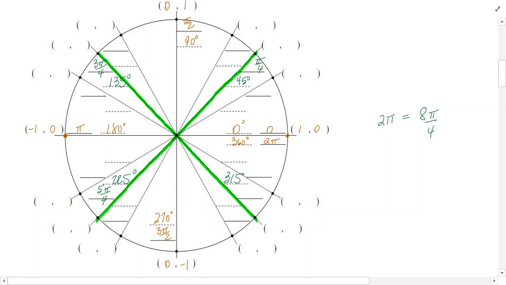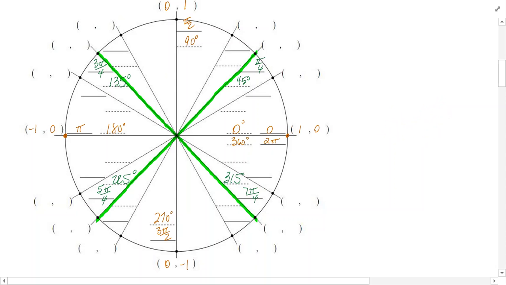So that makes it a little bit easier. If I rotate all the way around to 8 pi over 4, subtract 1/4, that leaves me at 7 pi over 4. And so that's how I get both the radian and the degree measures for the fourths as I rotate around the unit circle.